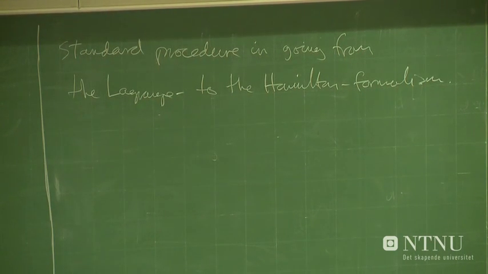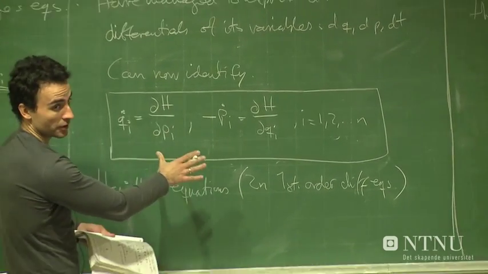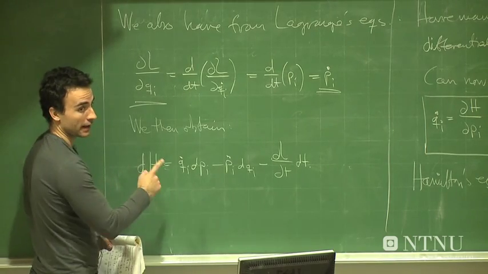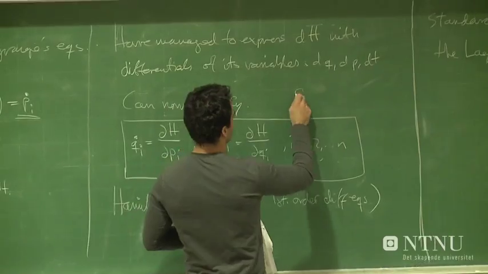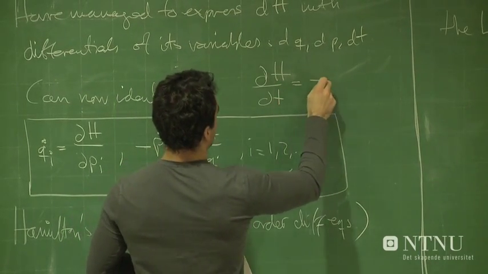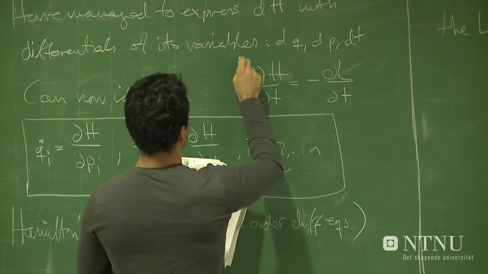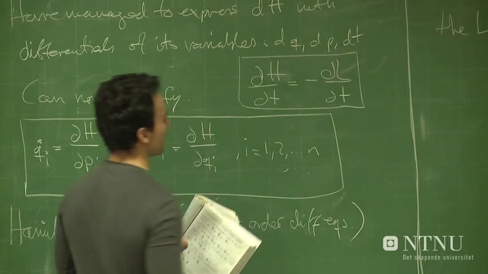By the way, one thing I forgot to mention here is that we identified these partial derivatives based on this, but we can identify one more. Namely this one.